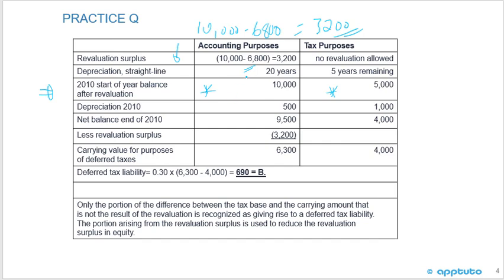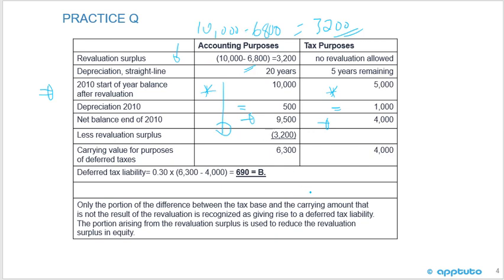So the way that this works, the depreciation is still straight line over 20 years. So the balance at the beginning, 10,000 divided by 20 years, we have depreciation of 500. Here we've got 5 years remaining, and the depreciation is 1,000. Okay, so we have our net balance at the end of 2010, 9,500 versus the 4,000, but we have to deduct that revaluation surplus of the 3,200, which was our new value minus our carrying value from the previous year.